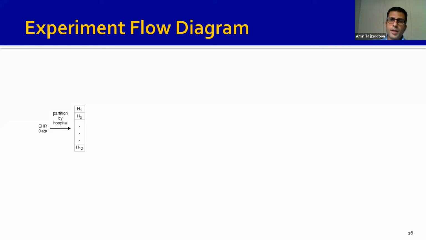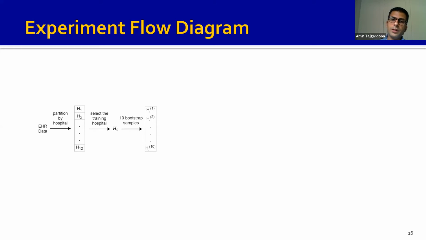Here I demonstrate the general workflow of our experiments. We started with partitioning the data by hospital into 12 data sets, H1 through H12. Each hospital Hi was used as the training set, and the remaining partitions were used as test sets. For a robust analysis, we repeated each experiment multiple times and bootstrapped samples of the training data set.